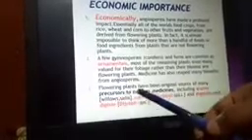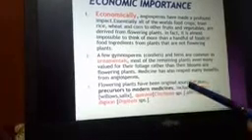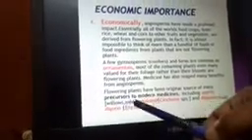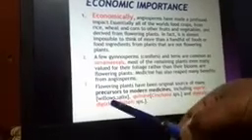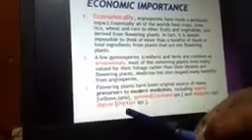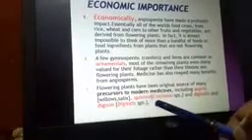Thirdly, flowering plants have been the original source of many precursors to modern medicines, including aspirin, which comes from the willows, the Salix, quinine, which comes from the Cinchona species, and digitalin and digitoxin, which come from the Digitalis species.